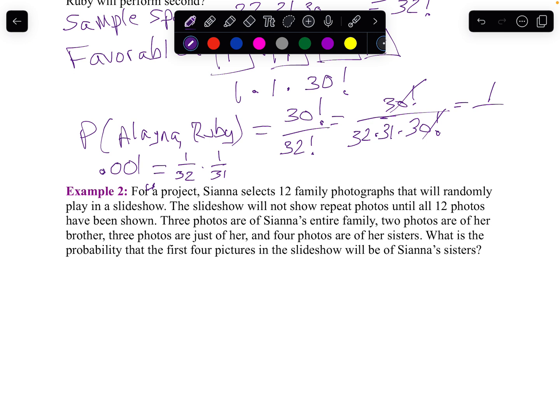Well, we're going to start here with our total, our sample space. That means for my first photo, we could have 12 pictures. Our second photo, we could have 11 pictures. My third photo, I could have 10 pictures. And my fourth photo, I could have 9 pictures. This is a permutation of 12 things 4 at a time.